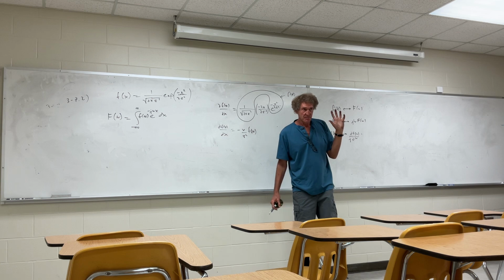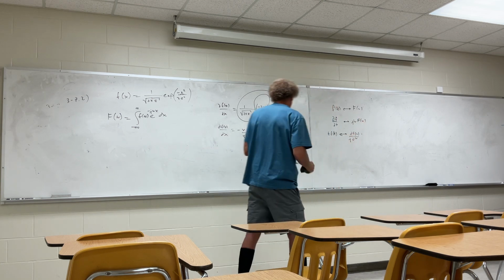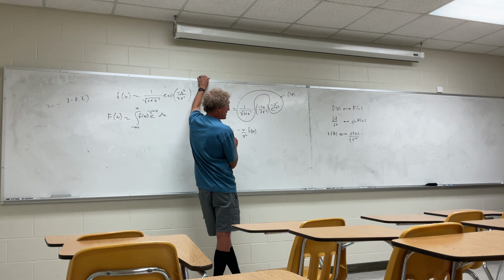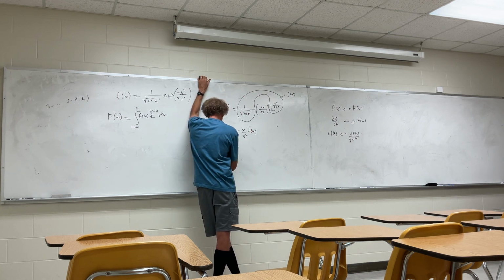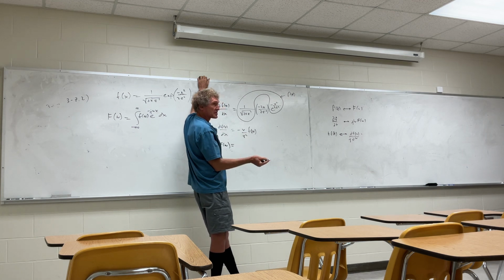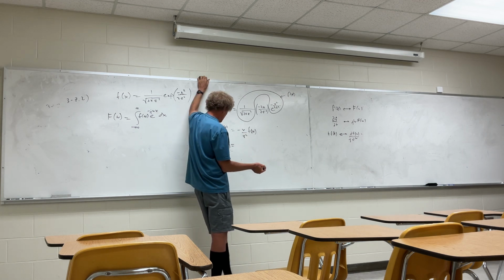Y'all with me, class? Okay, so come over here. I'm going to try to just do this real quick. So I have df dx really instead of dt. So this is going to be j omega F of omega here. But I don't think he expected you to do it at this level. I don't know how he did it in the solutions literature.